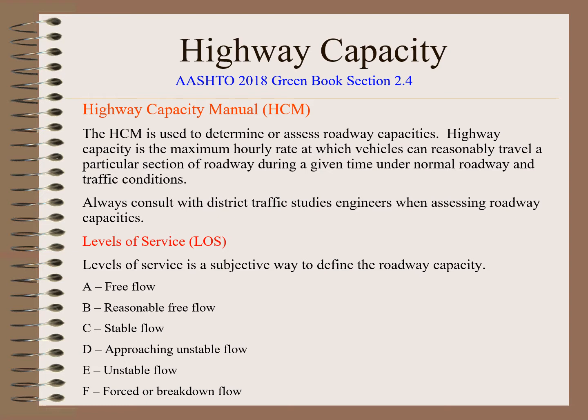Level of service B is reasonable free flow. Again, this is pretty good. You are, for the most part, maintaining the speed at your cruise control if you're using a cruise control, and it is free flow. Again, it's a very high level of service. Level of service C is stable flow.